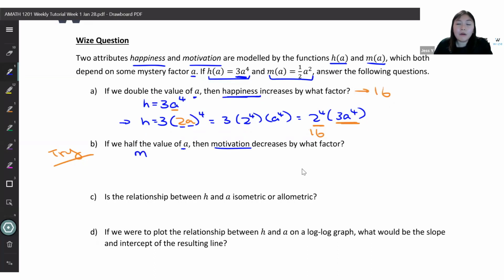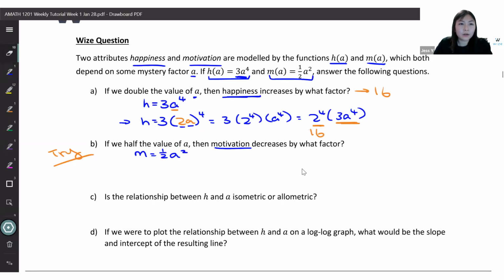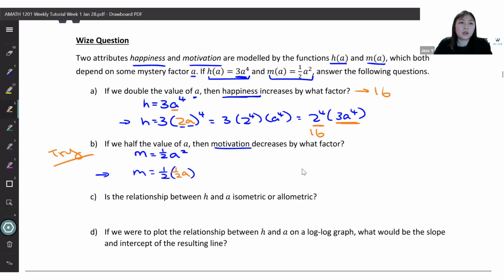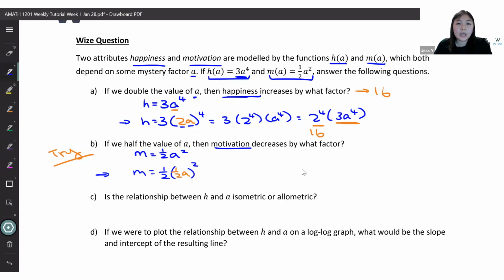So m, or m of a, is 1/2 a squared. Then I'm going to cut a in half, so I'm going to replace my a with 1/2 a. Let's simplify. Again, I can break up this bracket by squaring my 1/2 and squaring my a. So I get 1/2 squared times a squared.